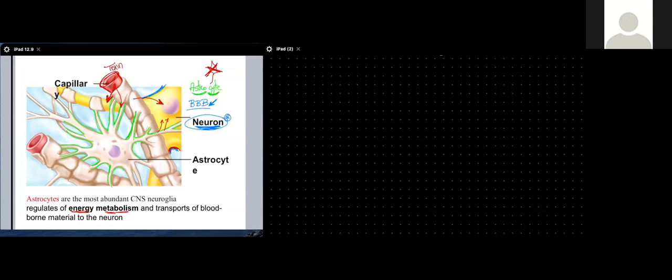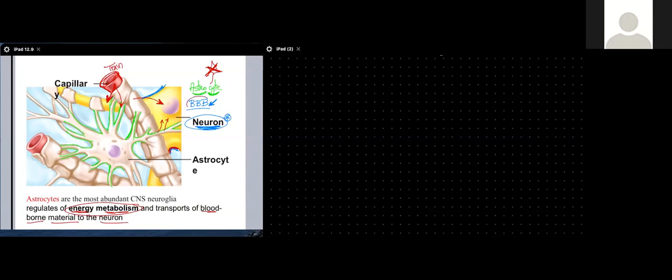So again, what's going to be the function here of the astrocyte? Astrocyte will be regulating the energy metabolism and will be transporting the blood-borne material to the neurons, acting as a mediator between the blood vessels and the nerve cells.